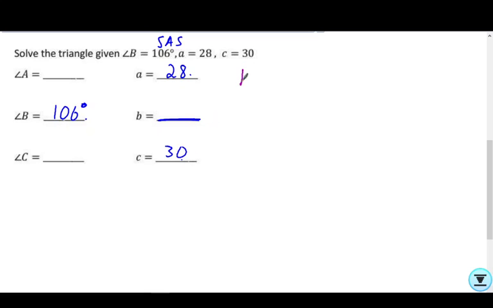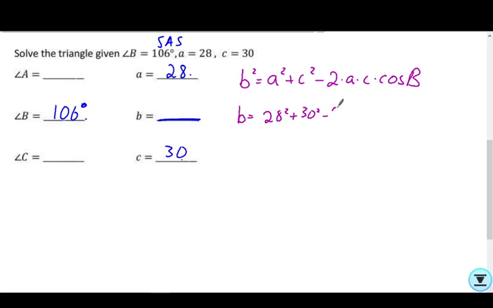Okay, so B squared equals A squared plus C squared minus 2 times A times C times the cosine of angle B. So B equals the square root of 28 squared plus 30 squared minus 2 times 28 times 30 times the cosine of 106.